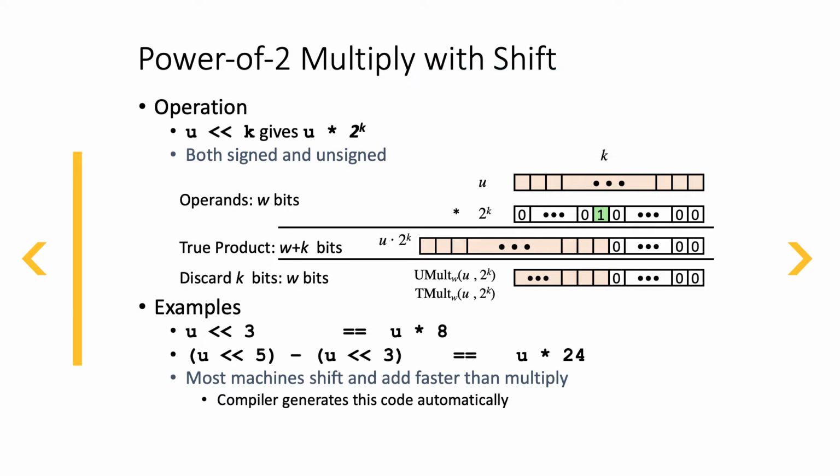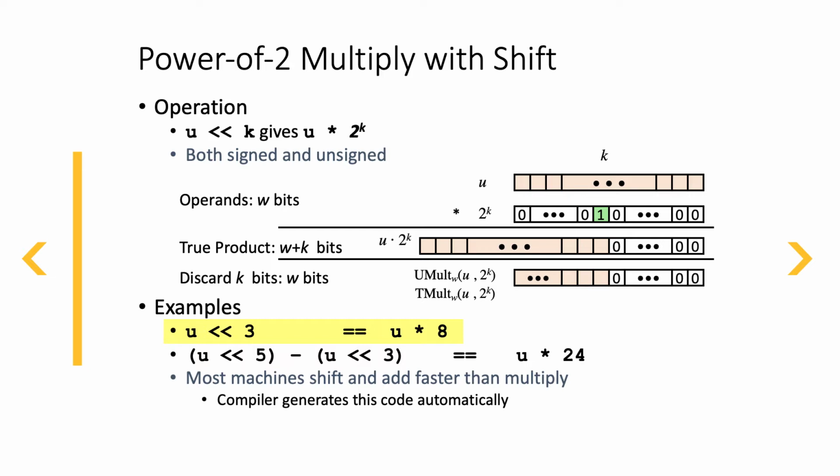This works no matter what we're dealing with, so we can actually do this to shortcut things for ourselves. So a couple examples. If I want to multiply by 8, instead of actually doing multiplication to do u times 8, I can just left shift u by 3. That's going to give me u times 2 cubed, which is u times 8.